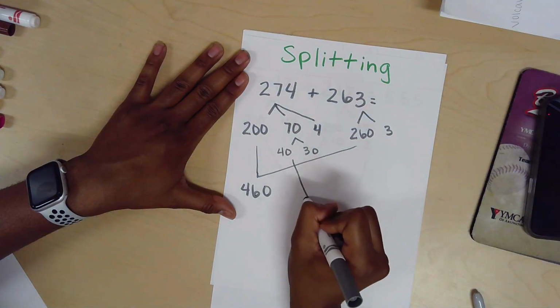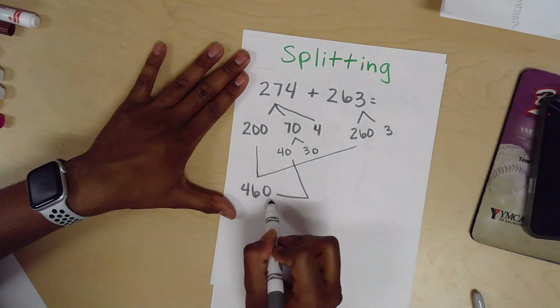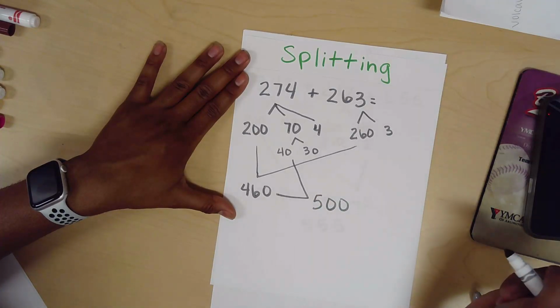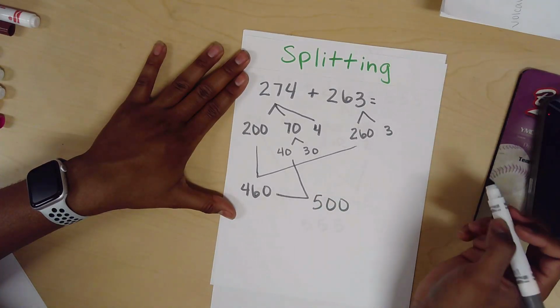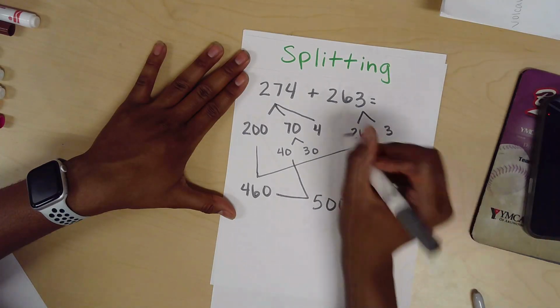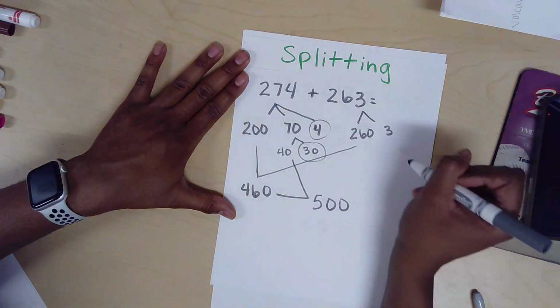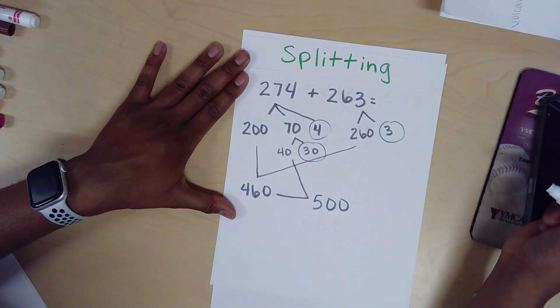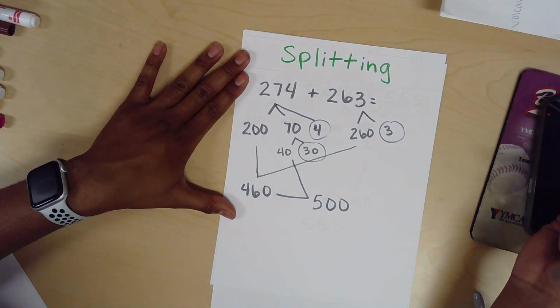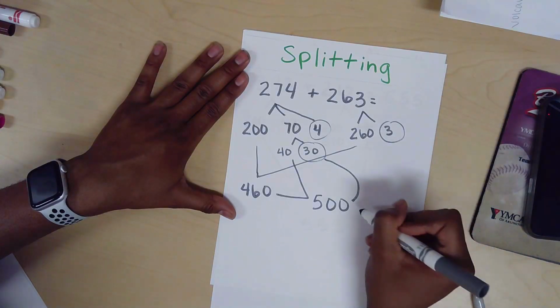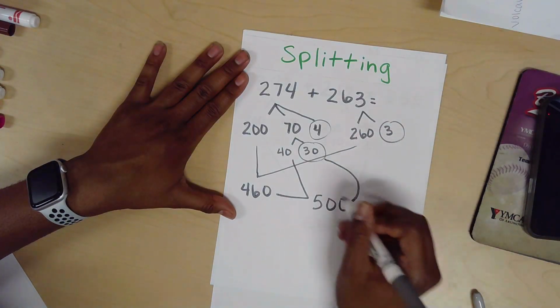That way I can combine my 460 with my 40 to get 500. But the thing about splitting is you can't forget the things you haven't done yet. Like we haven't combined that 4, we haven't combined that 30, and we haven't combined that 3 yet. But those are all things that I feel confident that we could combine at the same time, but let's not, and let's say we just did it like this.